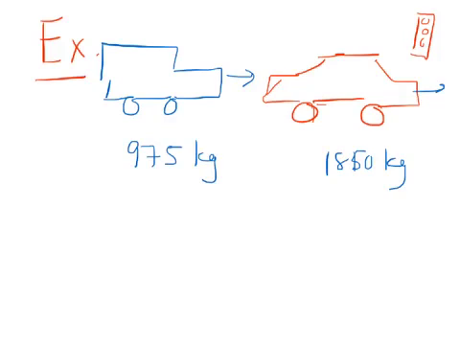Before this car collided, it had a velocity of 22 meters per second. Now, the red car is at rest, stationary at the light. So the red car is sitting there, gets collided with by the station wagon, and the two cars fuse together. Their bumpers stick together.